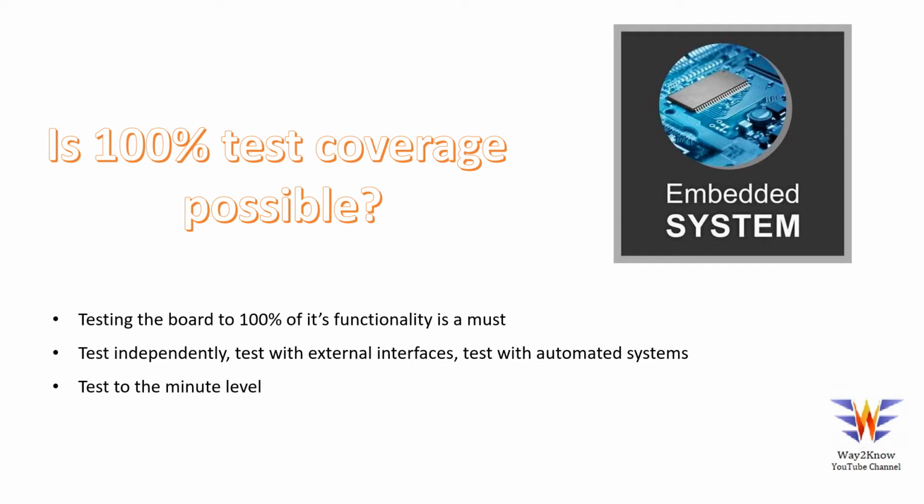For example, when we say a 3.3 volt regulator should not exceed the tolerance of 5%, for example 10%, in that case we have to measure the ripple on the 3.3 volt and see whether it is passing or not.